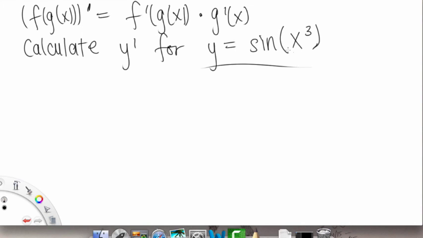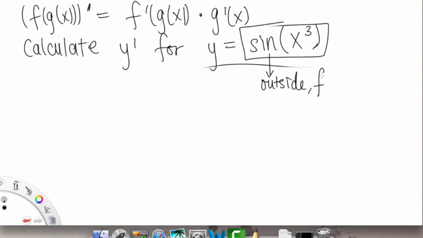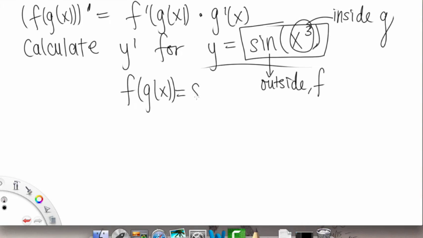In our y we have sine of something, so this is going to be our outside function, the sine of something, which I'll call f. And our inside function is g. So f of g of x is equal to sine of x to the third.